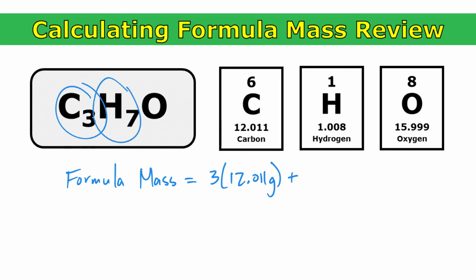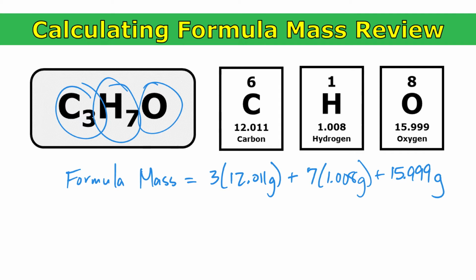I have 7 hydrogen, so I need 7 times the mass of hydrogen, and just 1 oxygen. So I just add all of that up, and the formula mass of C3H7O is 59.088 grams. So now that we reviewed formula mass, we can jump to our percent composition problems.